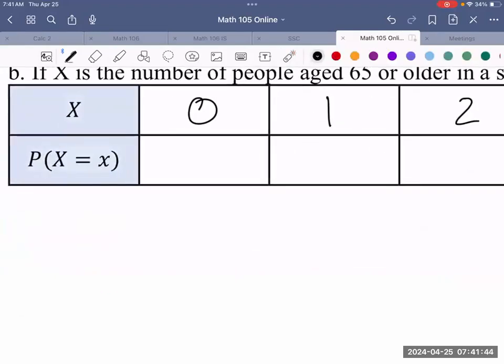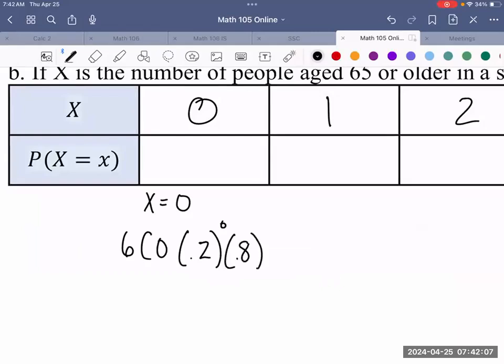All right, so I won't talk too much. I'll probably just do the first 2, and then from there I'll be silent and just keep working it. So if we're looking at 6 choose 0 times 0.2 to the 0 times 0.8 to the 6.